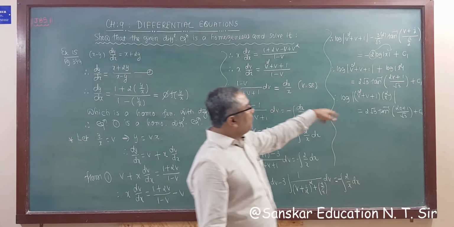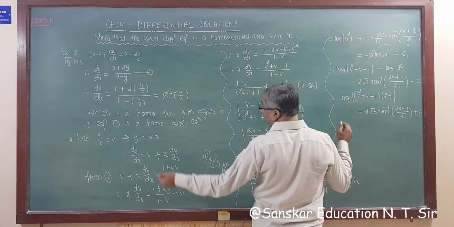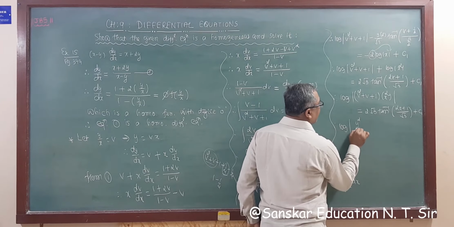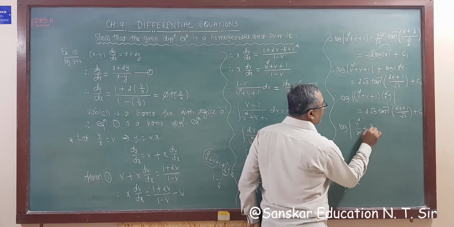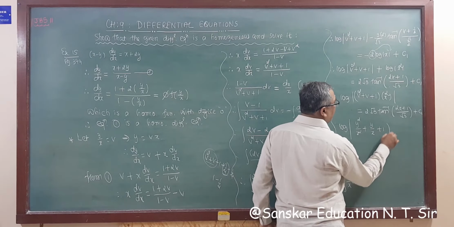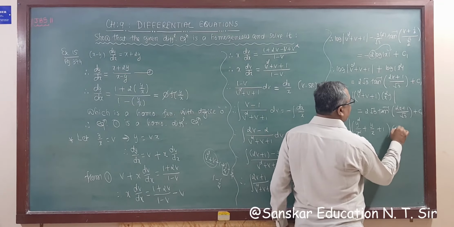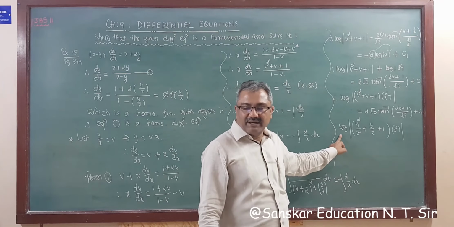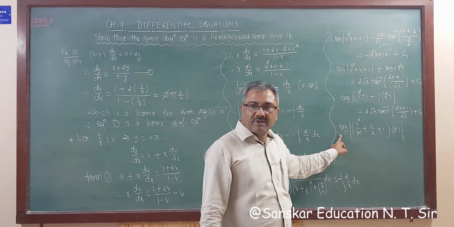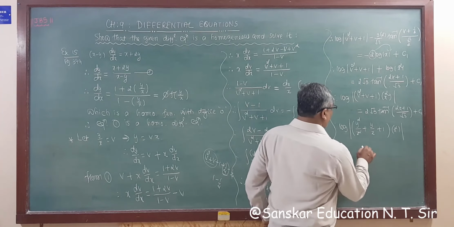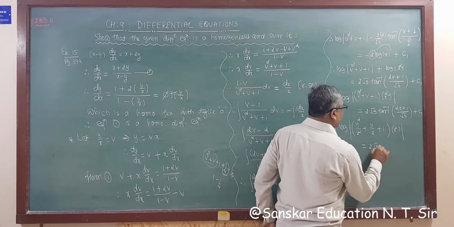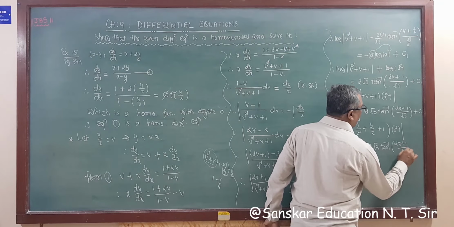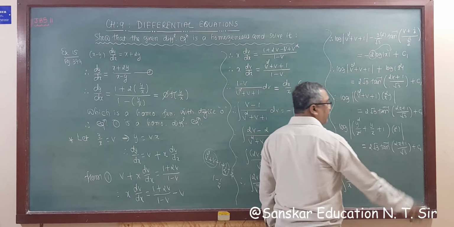So replacing v by y by x, we get log, this is y square upon x square plus y upon x and plus 1, right, into x square as it is. आई ना बात समझ में, क्या क्या वो पता चला ना. हाँ, ओके. Is equal to 2 root 3 tan inverse twice x plus 1 upon root 3 plus c1, right.